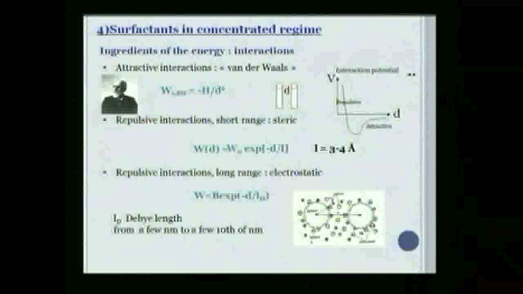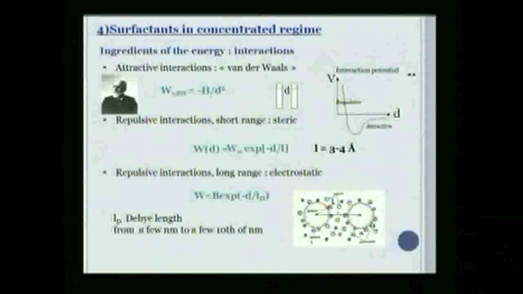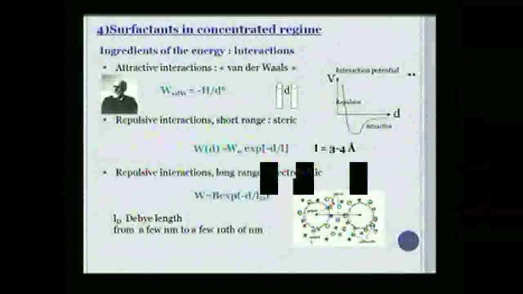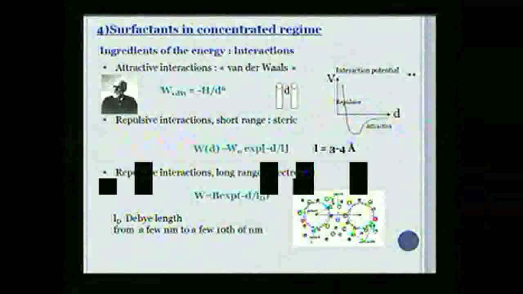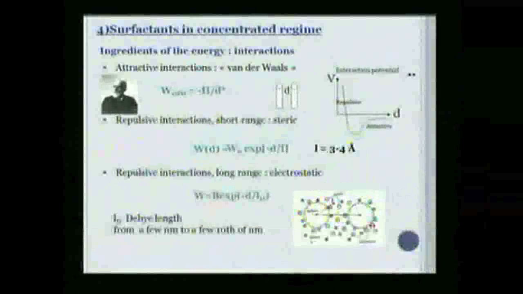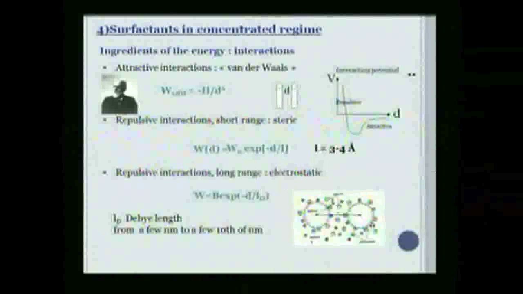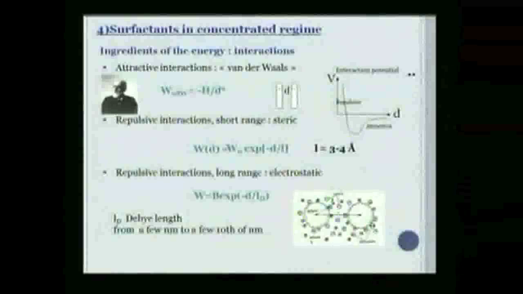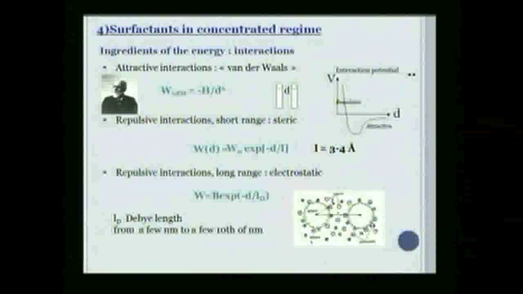It's very short. To the contrary, the electrostatic repulsive interactions, which I already talked about before, are long range because they are characterized by what we call the Debye length, and this Debye length varies typically from a few nanometers to a few tens of nanometers. It's much larger than the characteristic length of the steric repulsion.